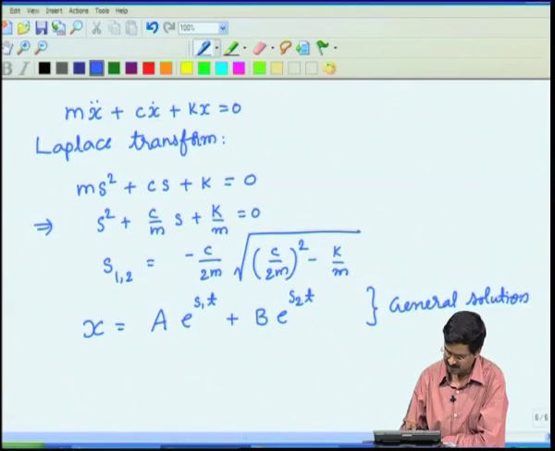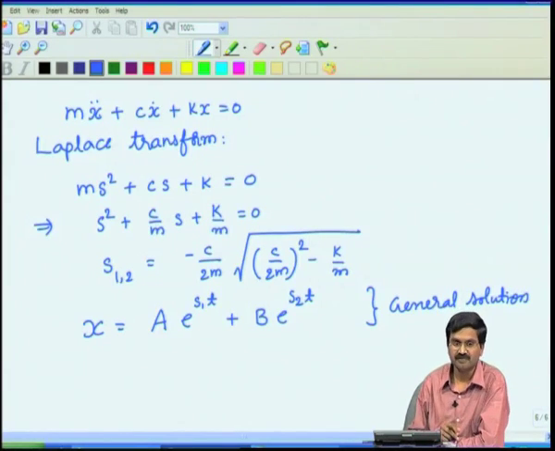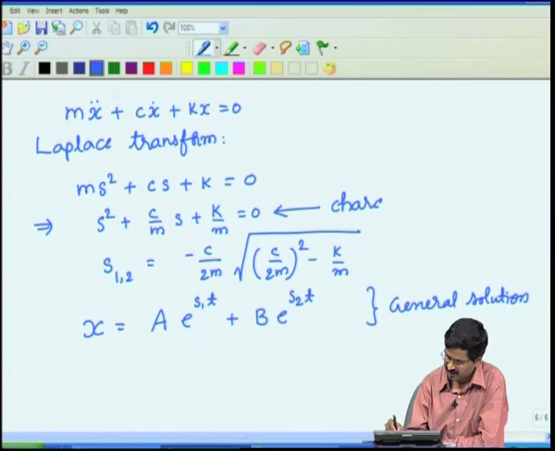If we substitute this back into this equation by taking x dot here and x double dot, you will see that it will match up and give you the solution, where S1, S2 are given by solution of this characteristic equation that we get when we take Laplace transform of this equation. This is the characteristic equation.